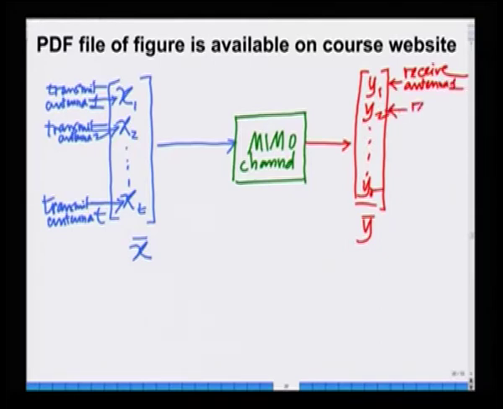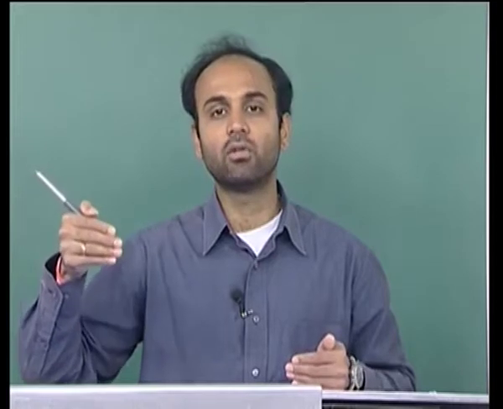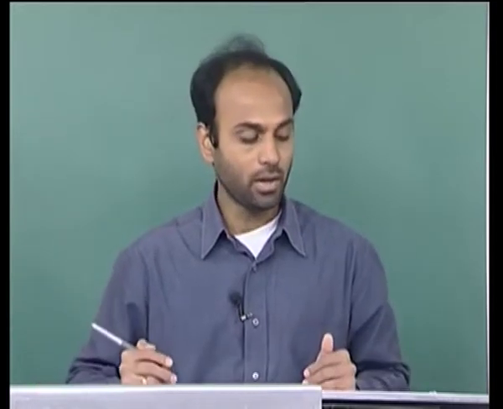Y2 is received at receive antenna 2, YR is received at receive antenna R. So I am transmitting a T symbol vector across the T transmit antennas, it goes through the MIMO channel, and at each of the R antennas I receive Y1, Y2, YR, that is an R dimensional vector.